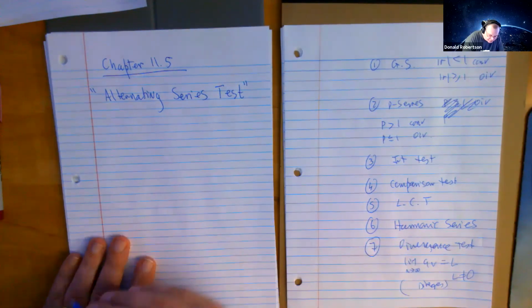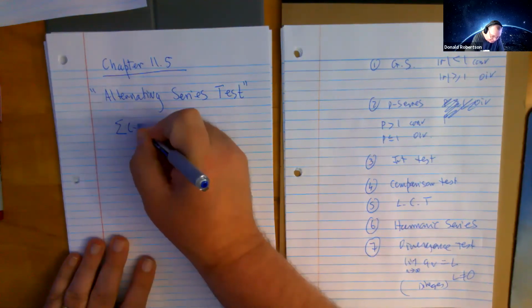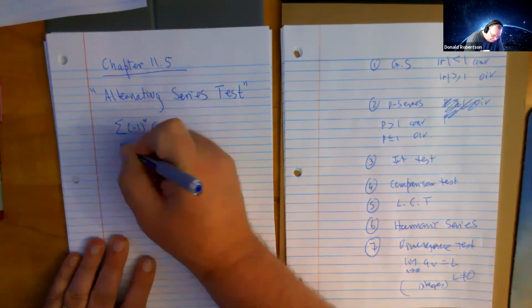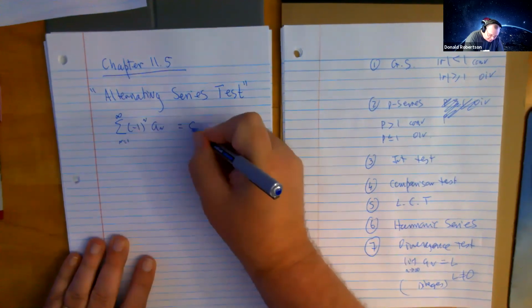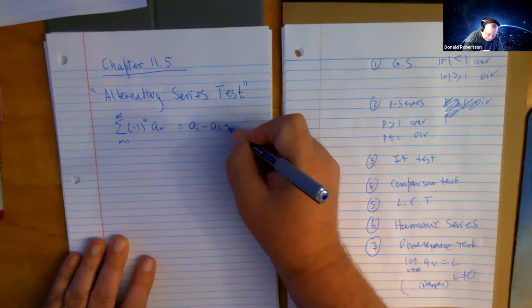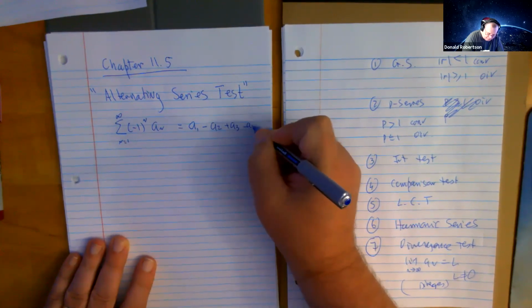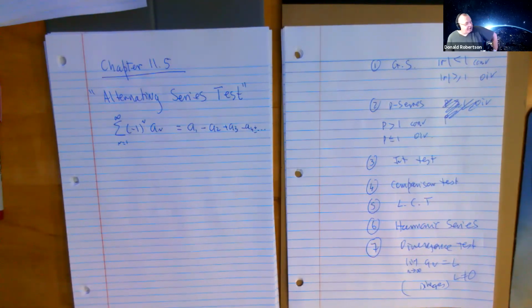So let's show you an alternating series. An alternating series is one that basically does this. It is a series where it alternates between positive and negative terms. So it goes a half, take away a third, plus a quarter, take away a fifth, plus a sixth, take away a seventh, right? Those kind of guys.